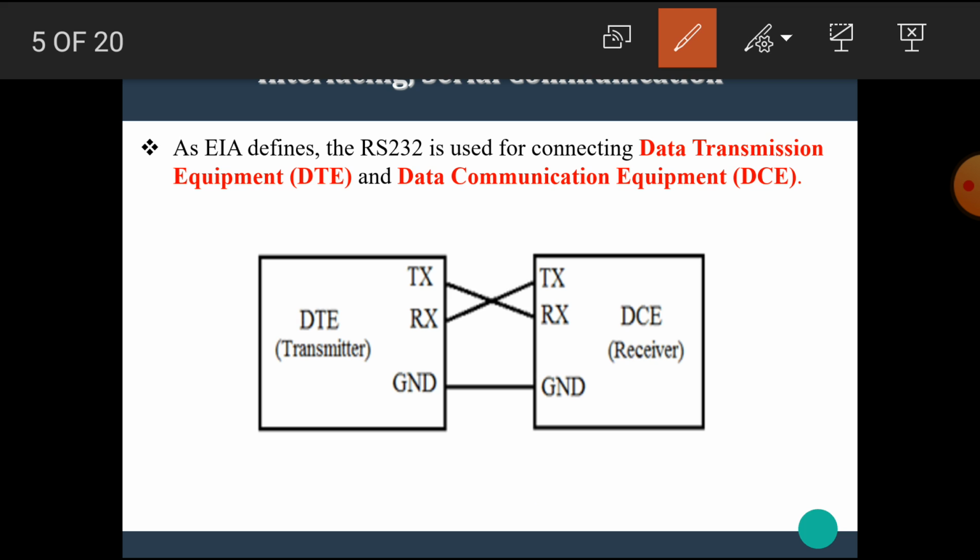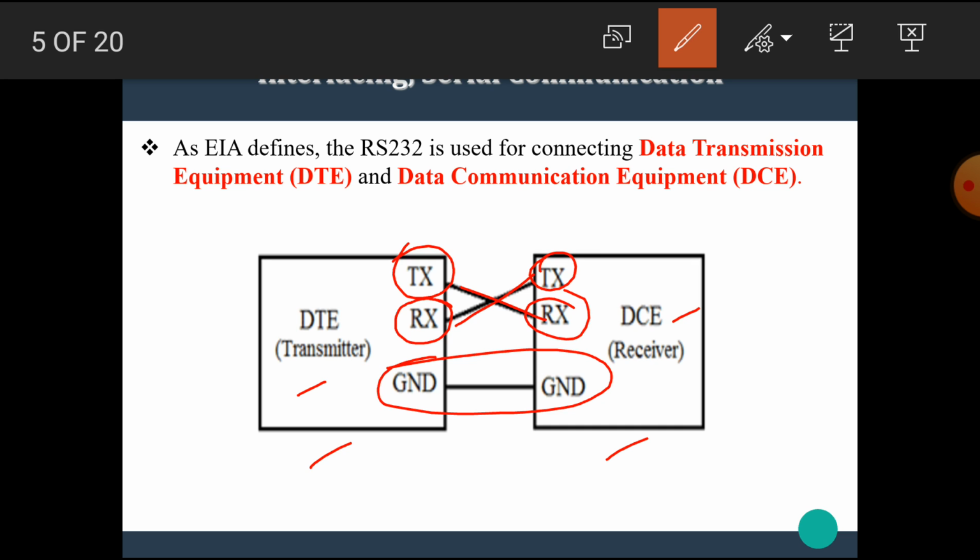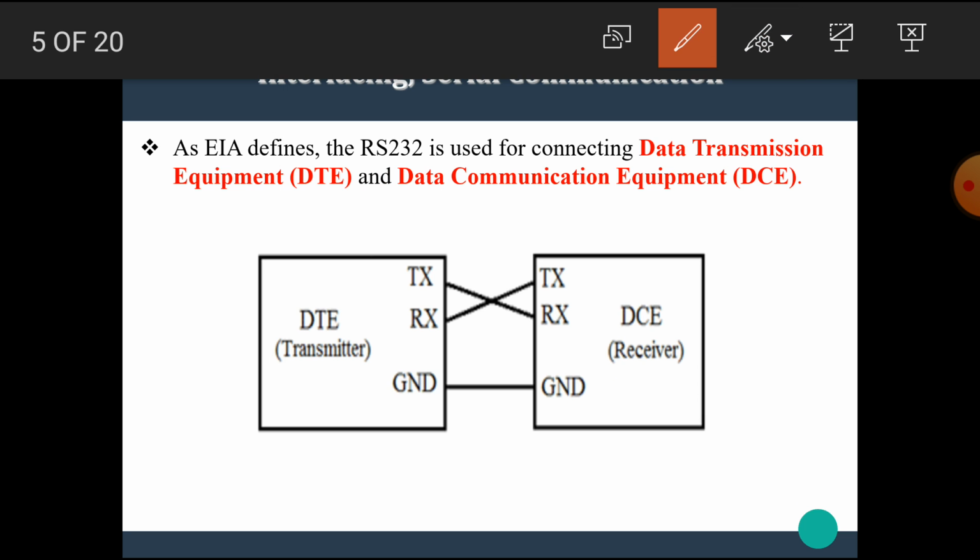Here we can see that the transmitting line of the DTE is connected with the receiving line of the DCE, while the transmitting line of the DCE is connected with the receiving line of the DTE. Okay, and the ground of both DTE and DCE is common together. This is the main important part of this connection, that the ground of both terminals should be the same.